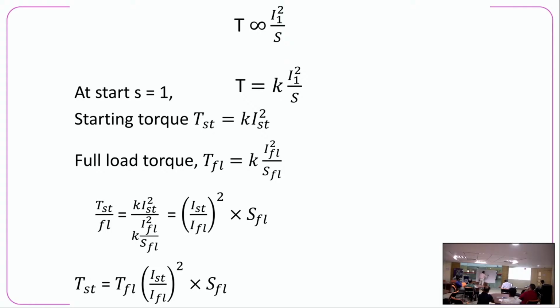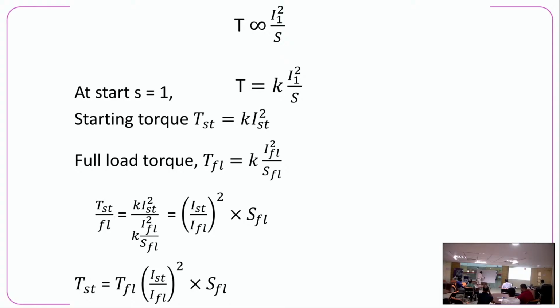That is equal to slip times the air gap power, S times PG. Then the mechanical power is the air gap power, which is the input, minus the rotor copper loss, so 1 minus S times the air gap power. And the speed omega m is 1 minus S times the synchronous speed.